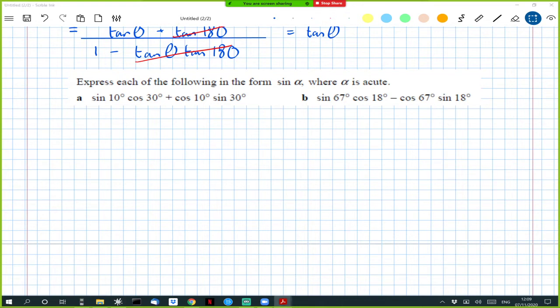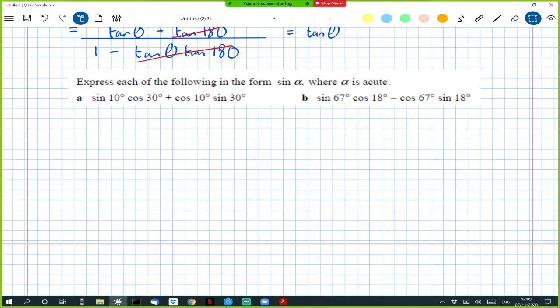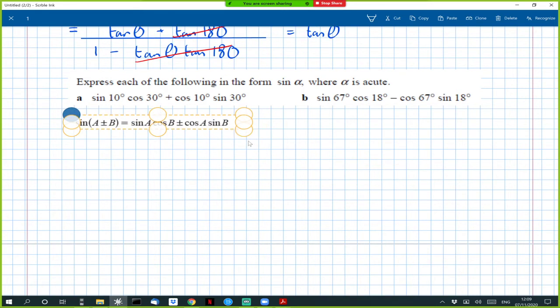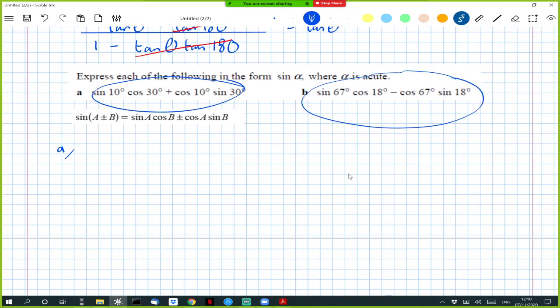It's told us to use the sine formula, which is there. It's asking you just to write it as sine of an angle. So combine this into a single expression only involving sine. Take a moment to do that. See if you can work backwards.